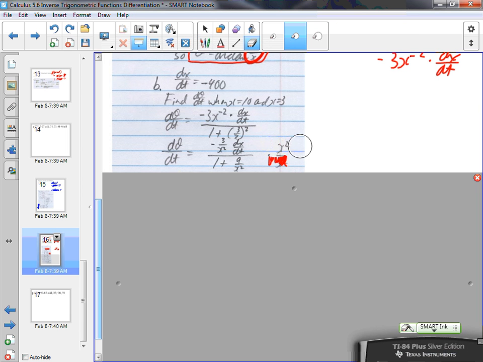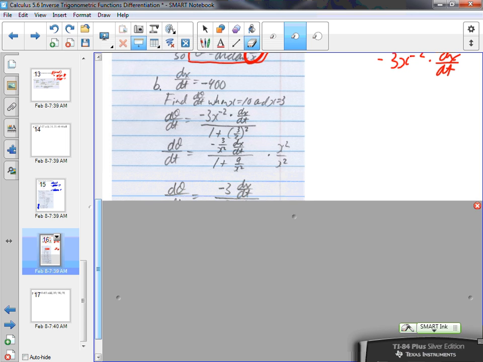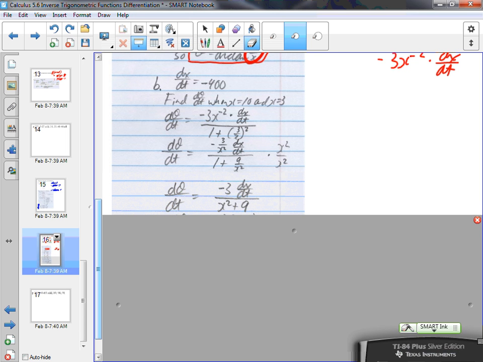Fortunately, I can get rid of both of them by multiplying by x squared over x squared. So when I multiply the numerator by x squared, I just get negative 3 dx/dt. When I multiply the denominator by x squared, I get x squared plus 9.